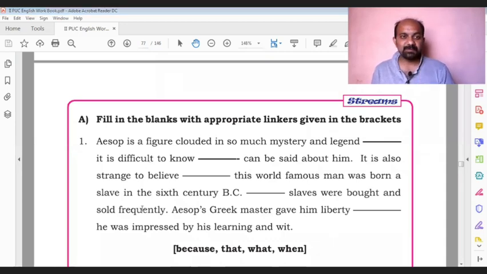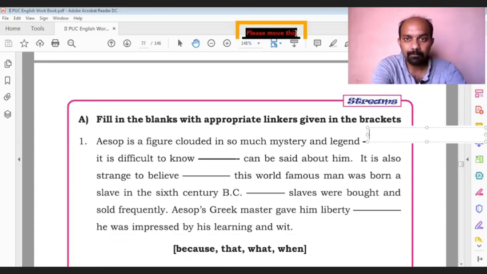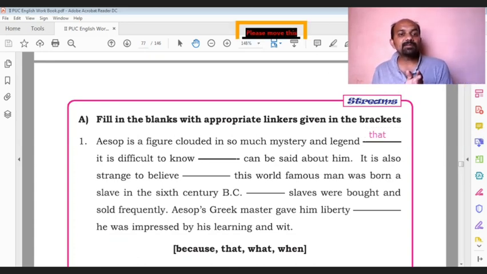Let us see the first one. Fill in the blanks with appropriate linkers given in the brackets. The first one. Yusuf is a figure clouded in so much mystery and legend that it is difficult to know what can be said about him.